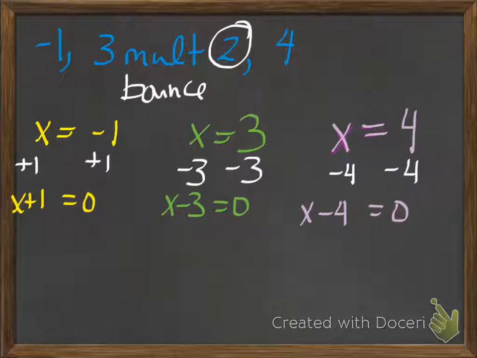So to write the polynomial, you do f of x equals, and it's always going to be f of x or p of x or whatever letter you want at the beginning of it. And then you're going to set each of these in parentheses.